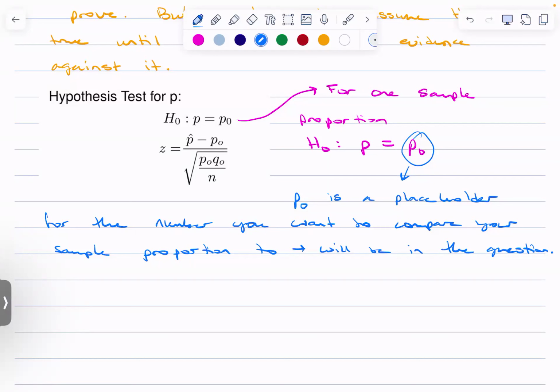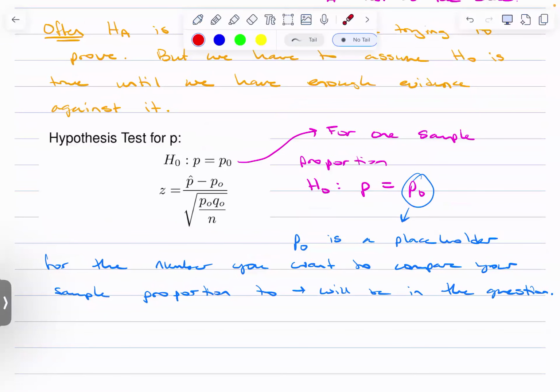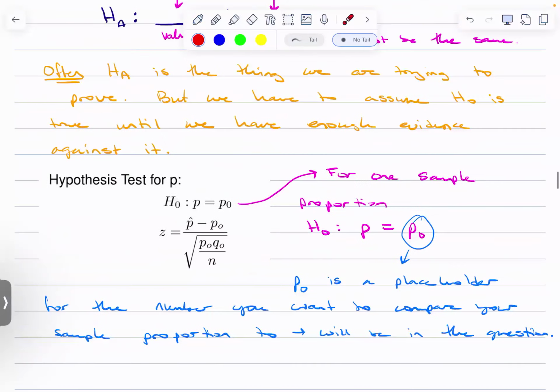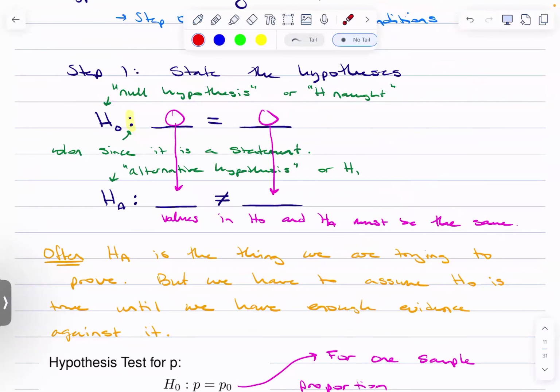Why don't I give you the HA? Well, because what we saw here is if H naught is that P is equal to P naught, whatever that number is, generically, then my alternative hypothesis has to talk about how P relates to P naught, right? You can't say, oh, I have to assume that my proportion is 0.4 and therefore it's greater than 0.6. What?